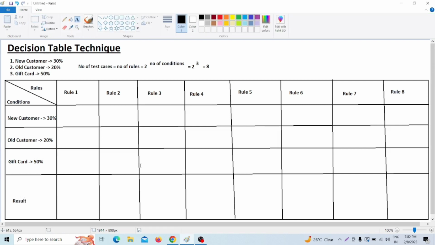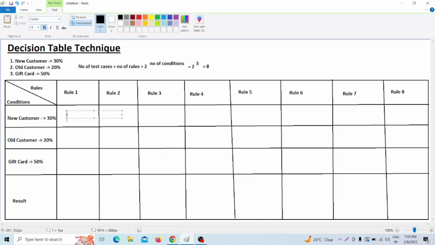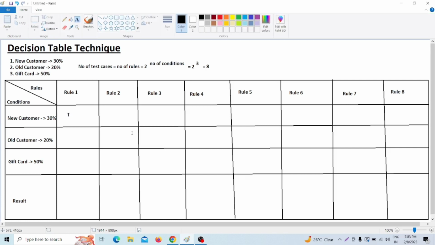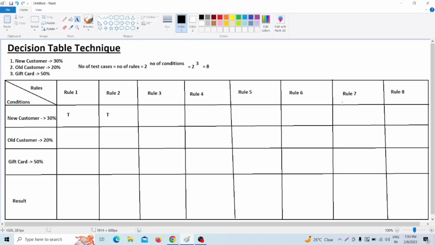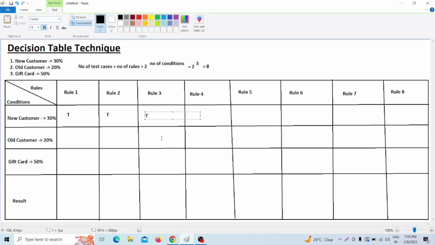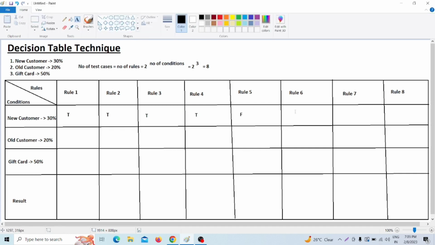Now one thing we have to remember. What will be the values for those boxes? The first condition, we just blindly write T for true and F for false. There are total 8 rules, so for the first 4 rules we will put true, and for the last 4 rules we will put F, meaning false.